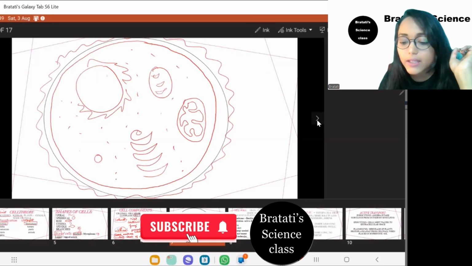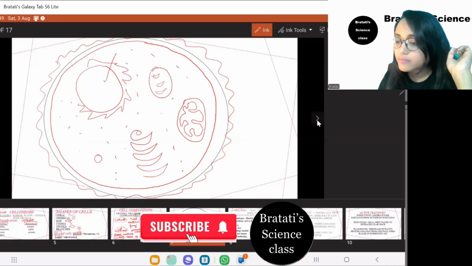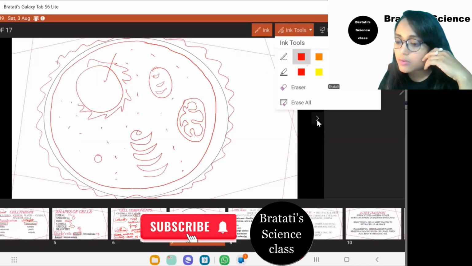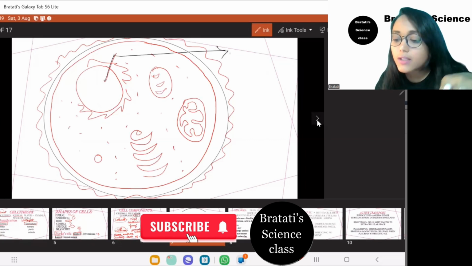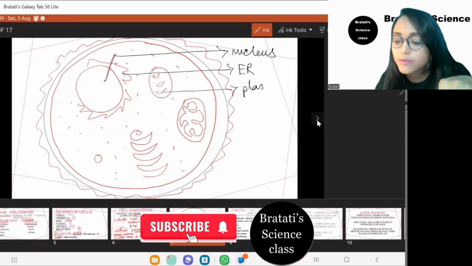So basically, if we do labeling, this is the nucleus. This is the ER or endoplasmic reticulum. This is plastid, which is present only in the plant cell.